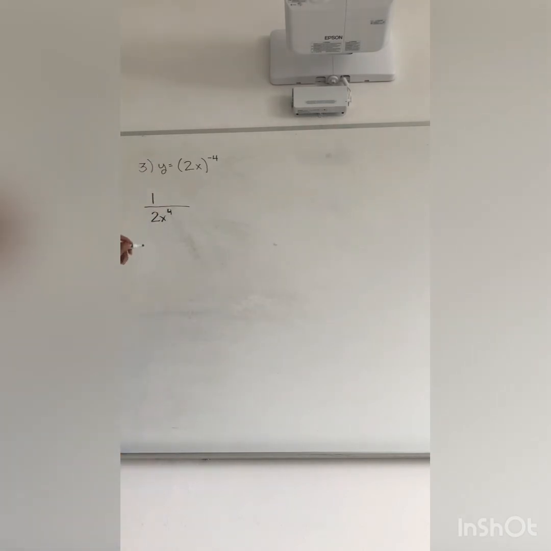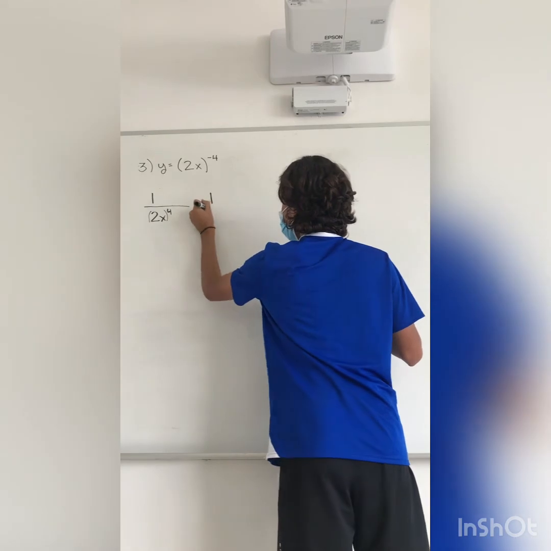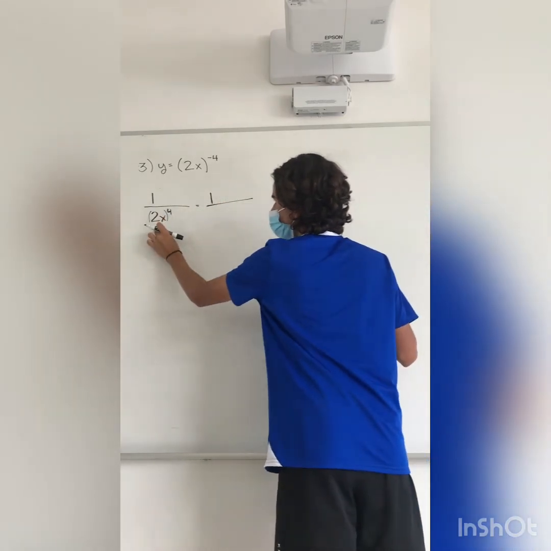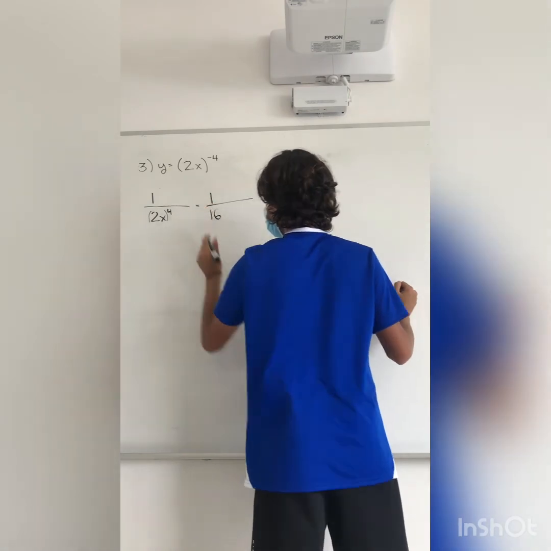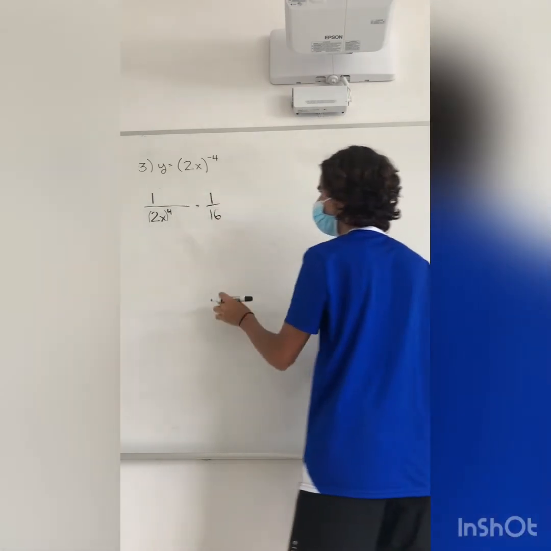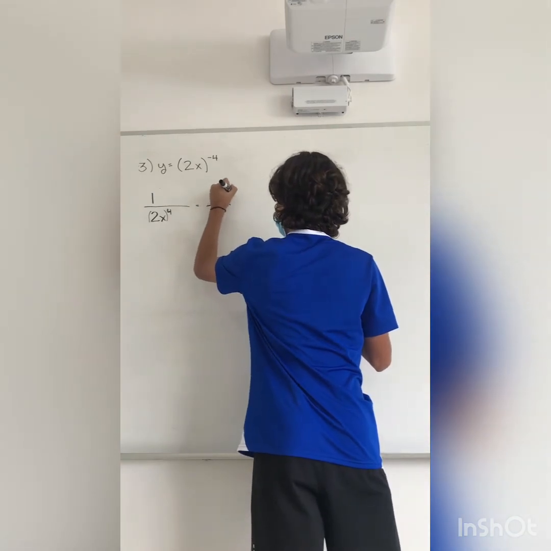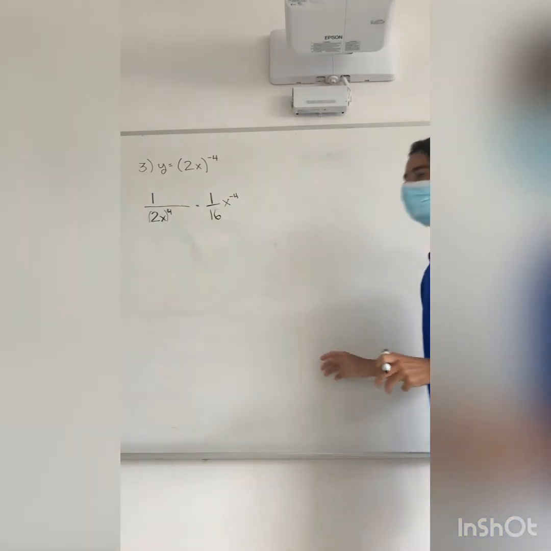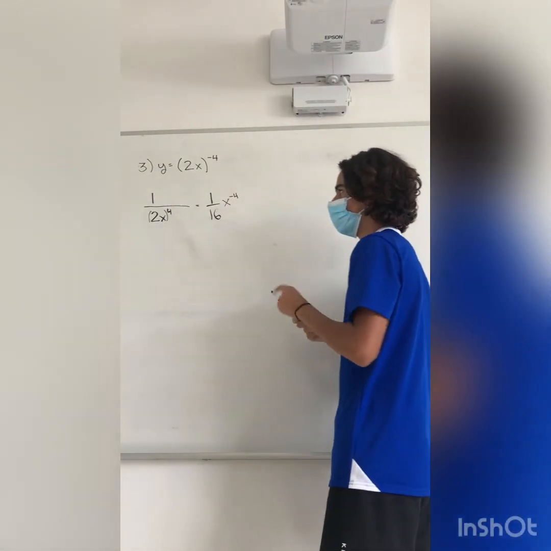So now that it is positive, we can go that 1 over 2 to the 4th is 16. So it's 1 over 16, and the x goes x minus 4. Because we always need to derive the x when it's in the upper side.